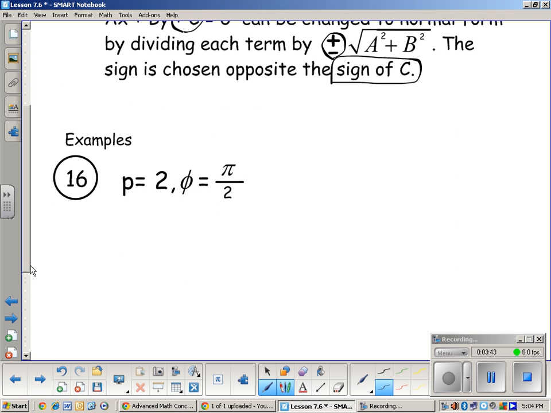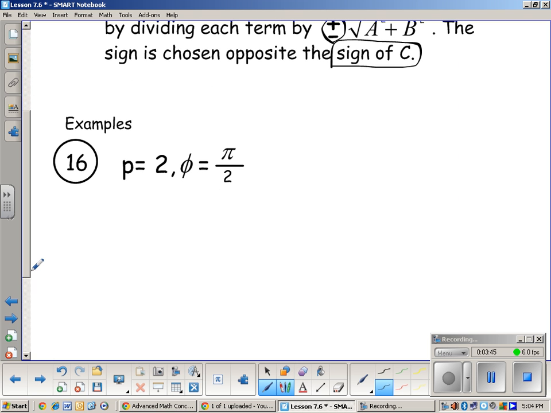So, example number 16 from your book. The directions for number 16 ask us to write the equation of the normal in standard form. And so the model we use would be x times cosine phi plus y times sine phi minus p equals 0.